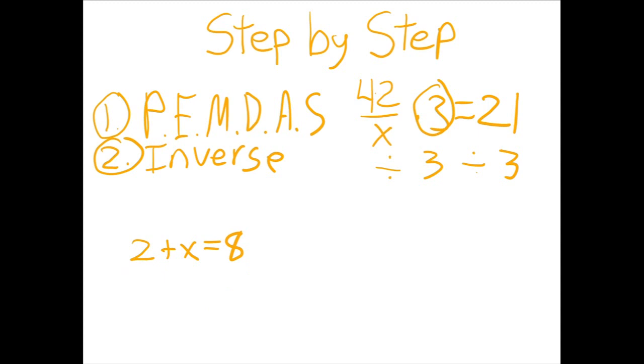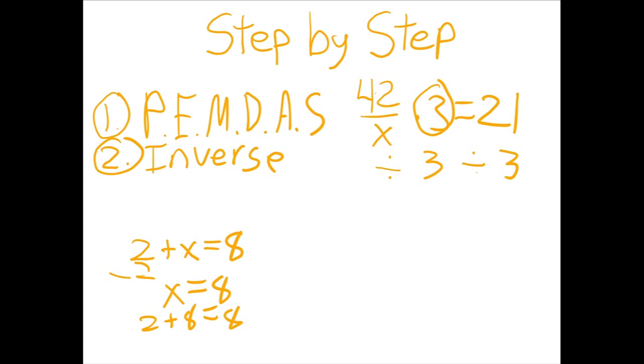Now, what if we don't do the same thing to both sides? I'm just going to get rid of that 2 to get x by itself, and that gives me x equals 8. And in case you don't know, 2 plus 8 does not equal 8. So if you don't do the same thing to both sides, you're not going to get the right answer. You have to keep the equation equal the entire time you're solving it.